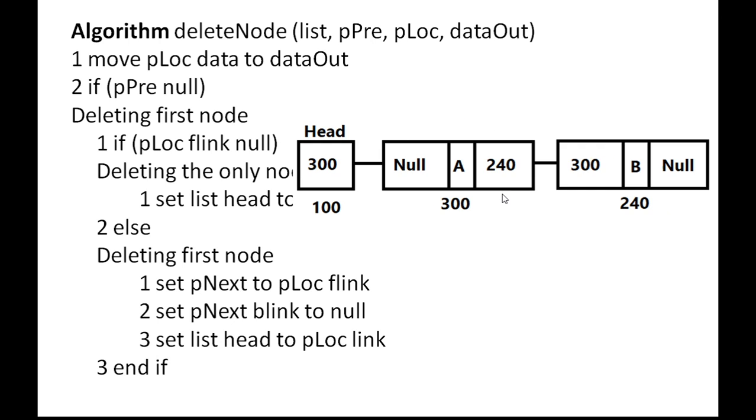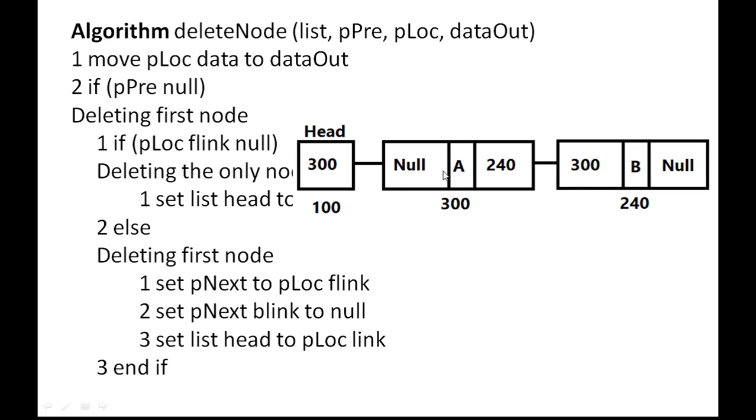The next condition is that we want to delete the first node, but now we do have a second node that should become the first node. So for that, what steps are needed? Set p next to p location forward link. So we are going to use another pointer called p next pointer.